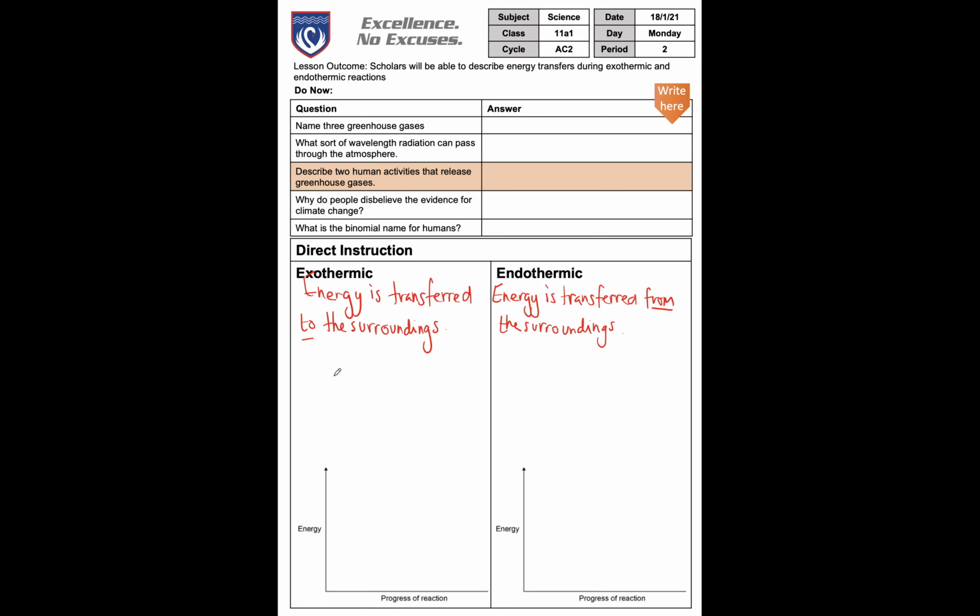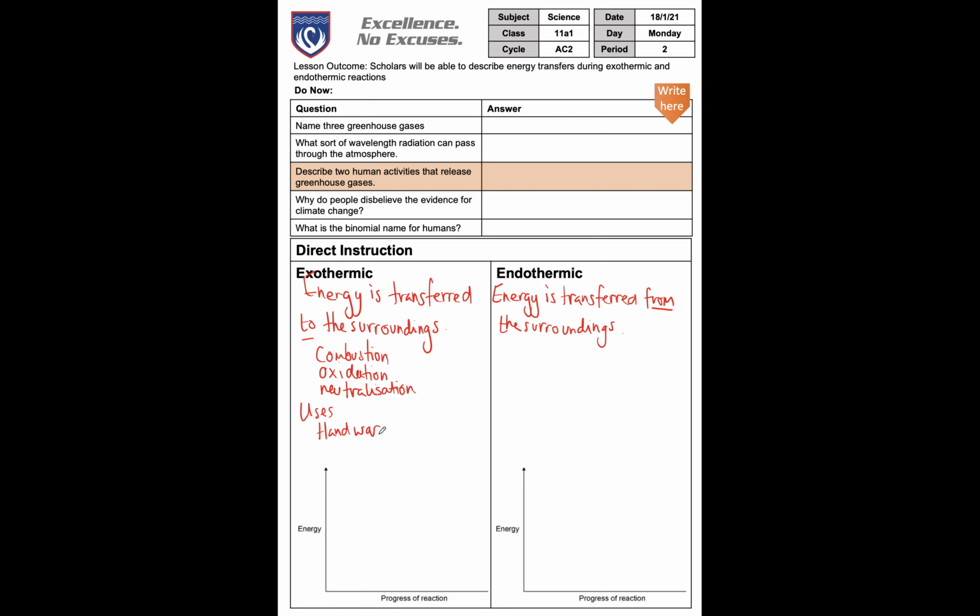So some examples of exothermic reactions could be combustion, so burning things, oxidation. Some oxidation reactions are exothermic, and some neutralization reactions are exothermic. They can be used for hand warmers.